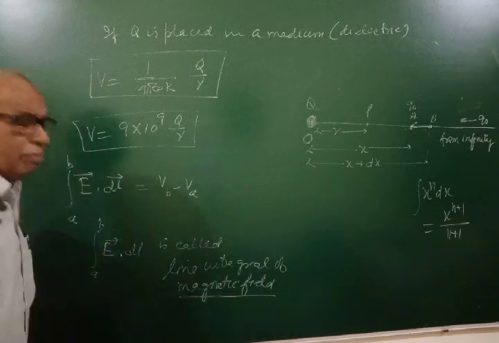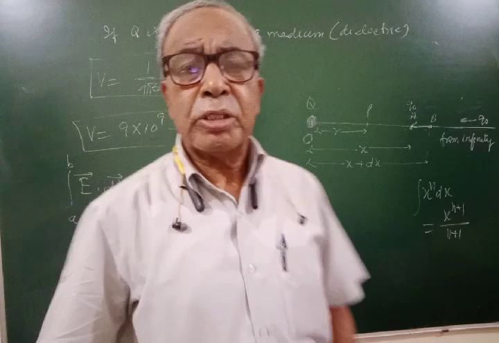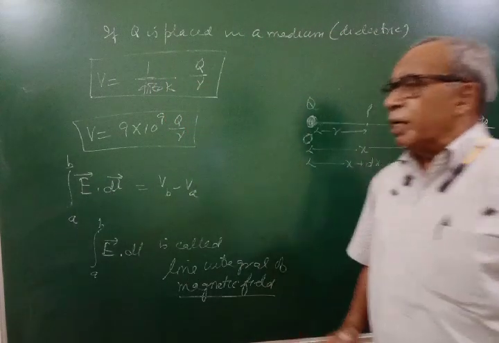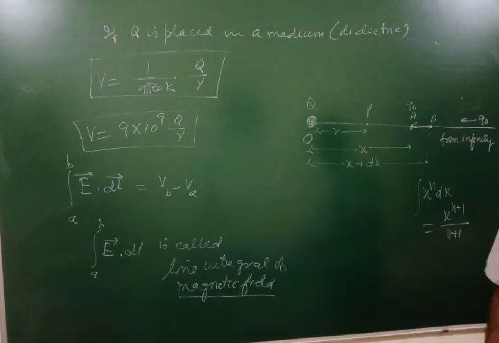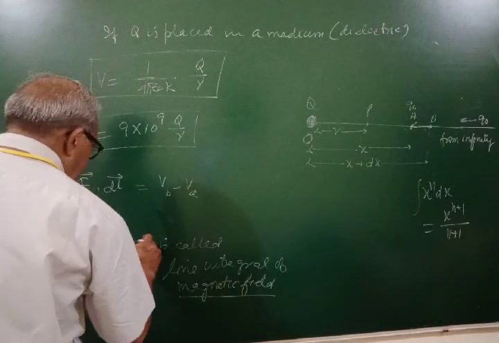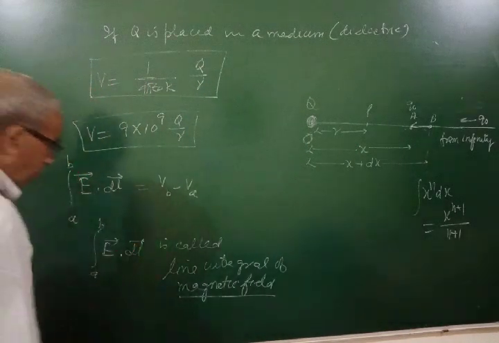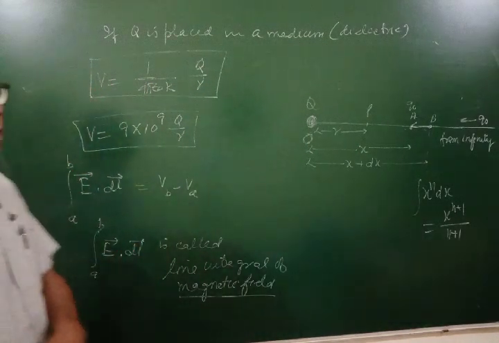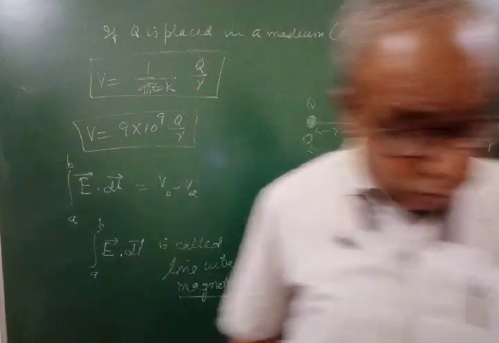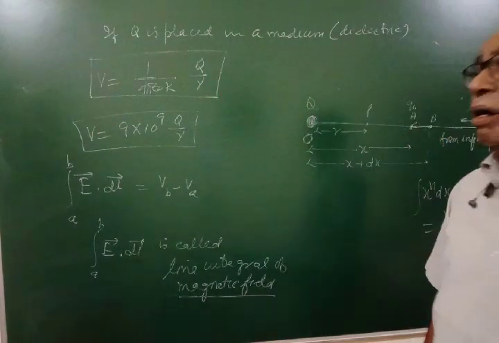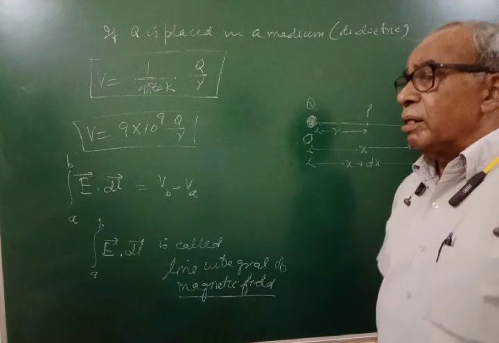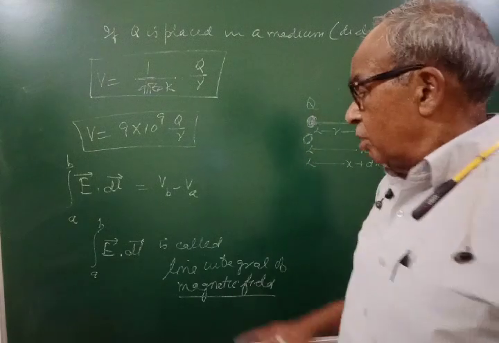Actually, in competitive exams there are such things which students keep on neglecting. This is simply E dot dl, force times distance, work done per unit charge, potential difference. In our earlier video, I told you potential difference is the amount of work done carrying unit charge from one point to another.